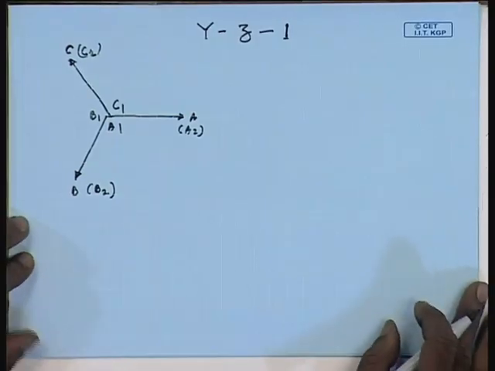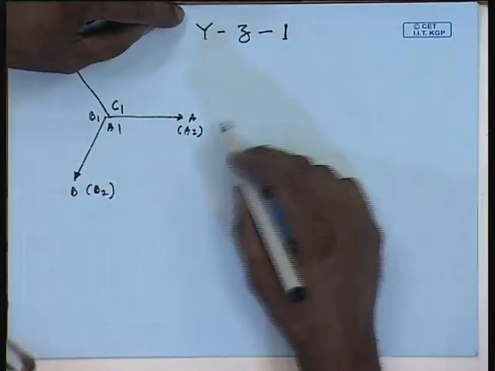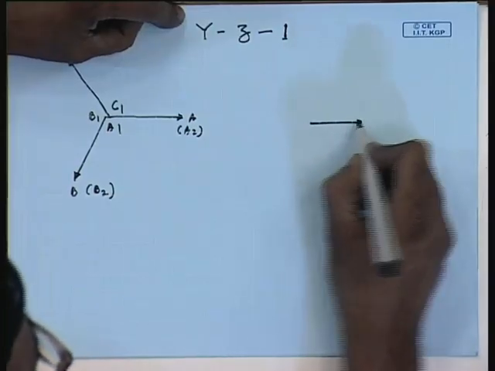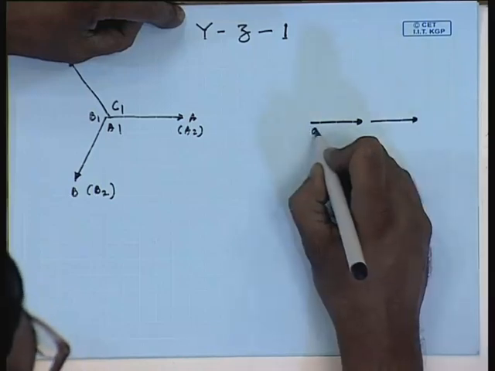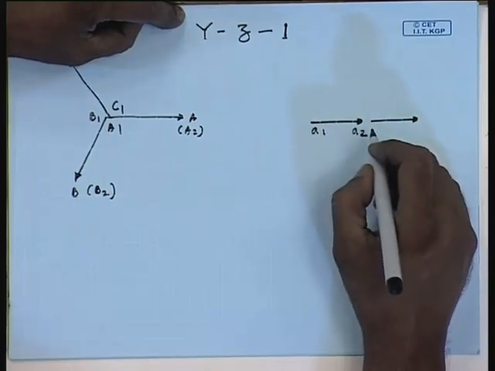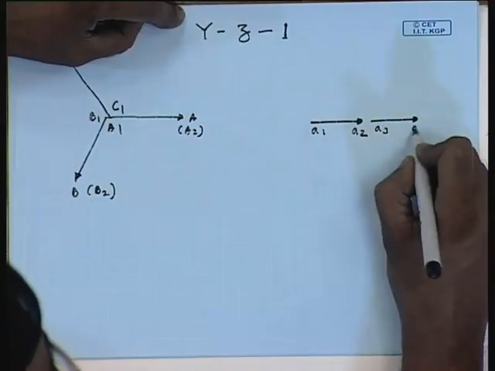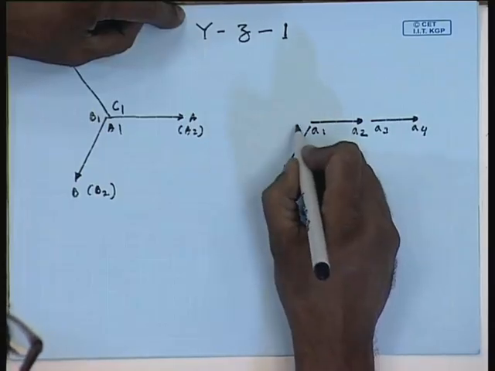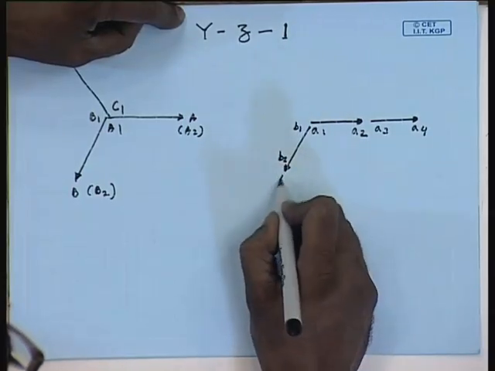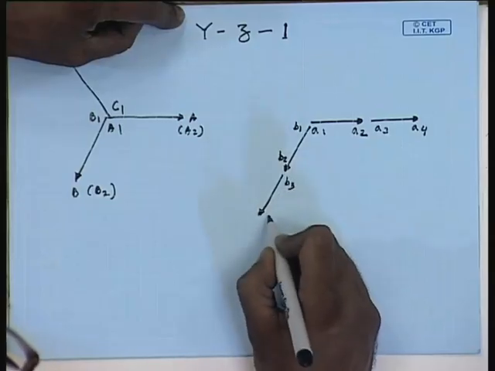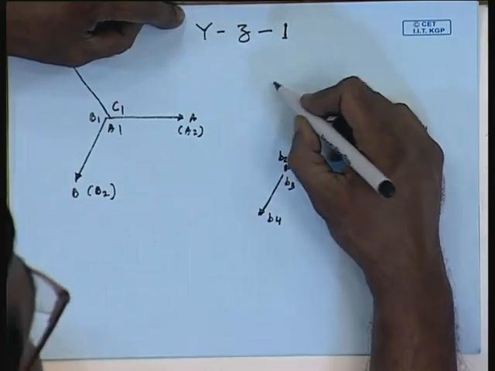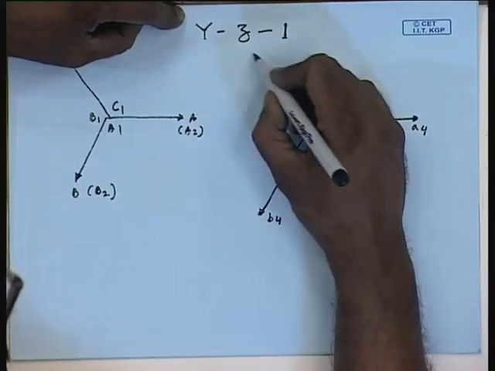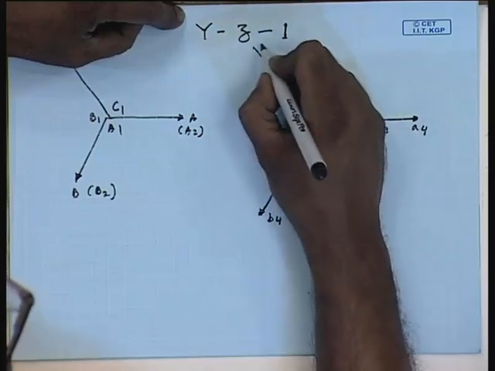On the low voltage side, we will have 6 such phasors: A1, A2, A3, A4, B1, B2, B3, B4, C1, C2, C3, C4.